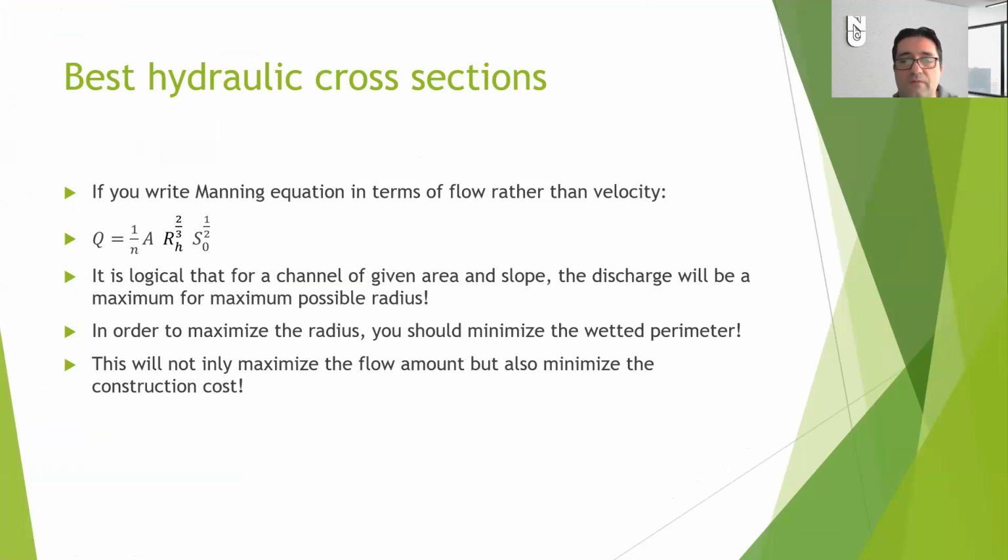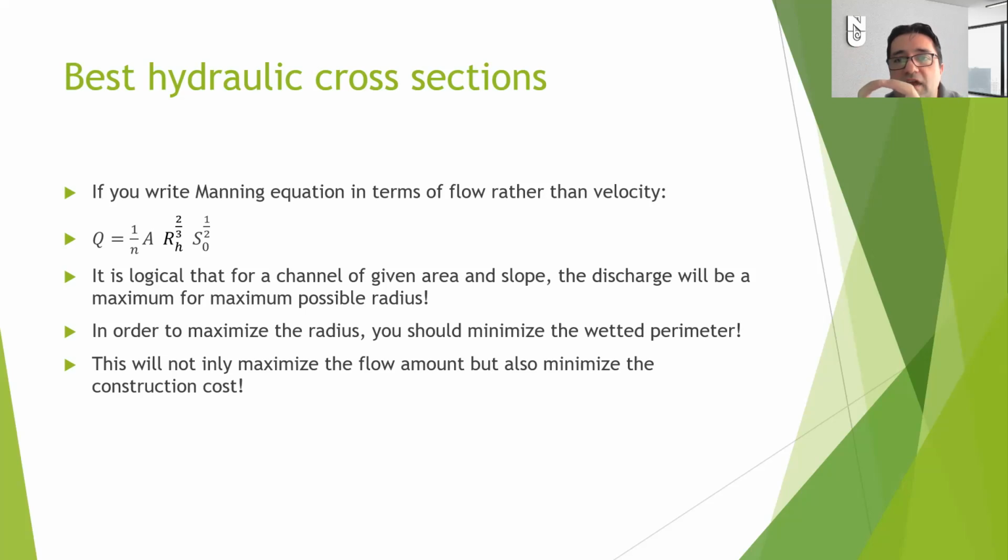Thinking that way, you are constructing a channel. Let's assume that you are constructing a rectangular channel, and the height and the width of the rectangular channel are critical, because if you make a good selection, then you can easily minimize the friction while you are maximizing the area of the flow.